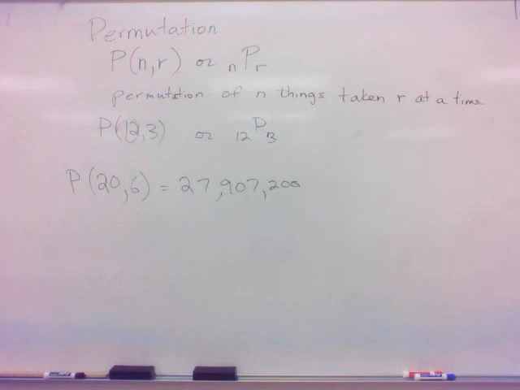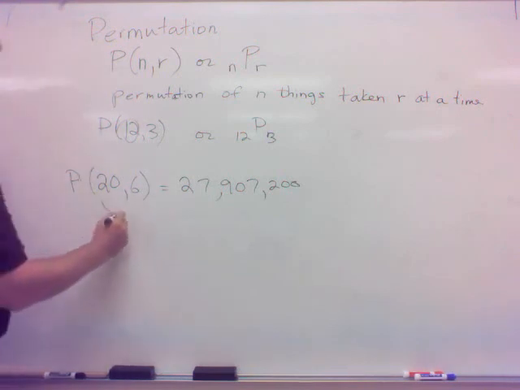Everybody get that? Okay. All right, we get the 20, then the nPr button, and then the 6. Should get 27,907,200.